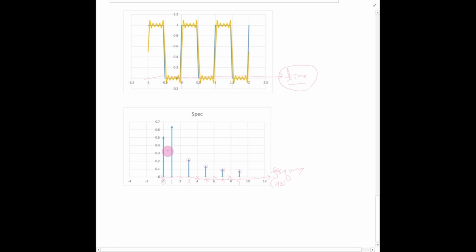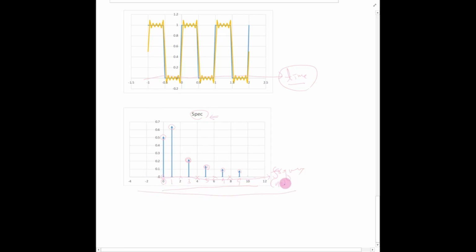Then this graph shows some information. This rectangular pulse contains a DC component this much, the first harmonic component is this much. There is no second harmonic, but the third harmonic is this much, no fourth harmonic, fifth harmonic. It means this graph shows the spectrum, and you can plot the same graph in these patterns.